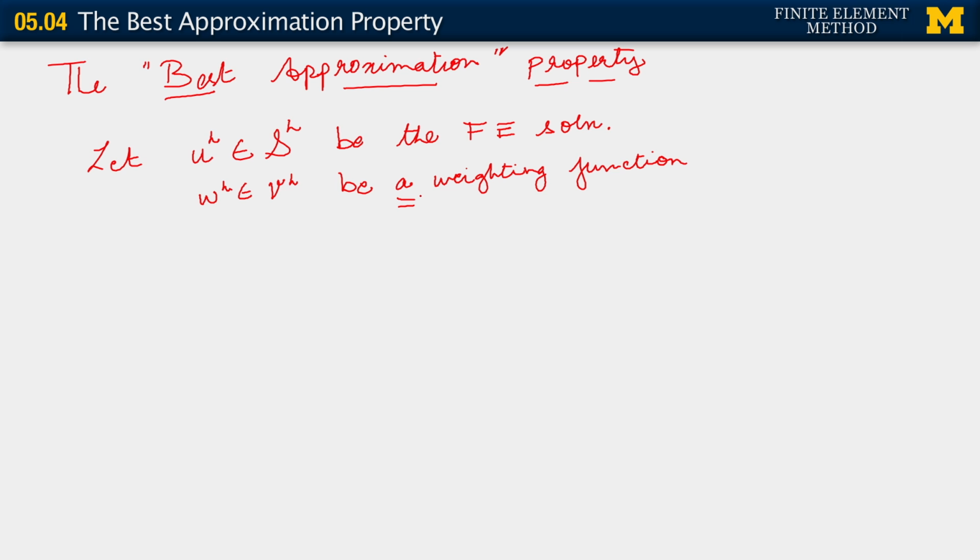Now I'm going to introduce a third field that we have not previously considered. I'm going to denote this as capital UH. It too belongs to SH. However, it is not the finite element solution.